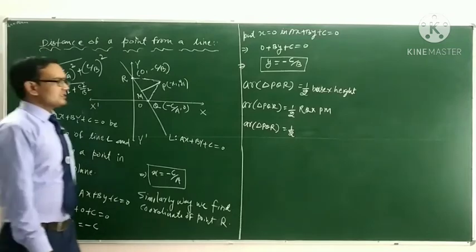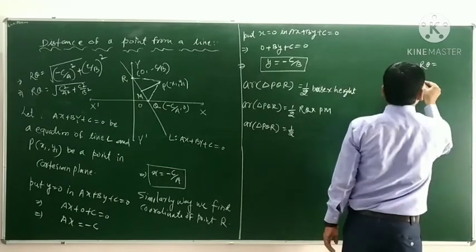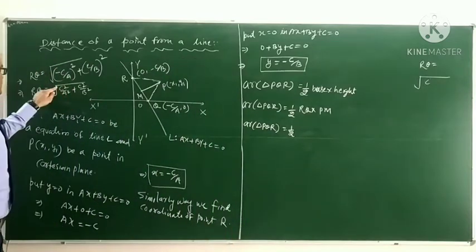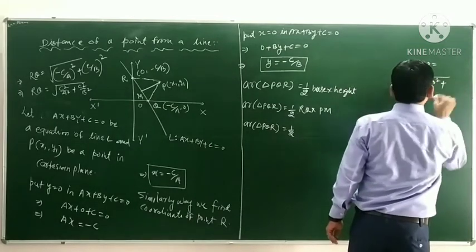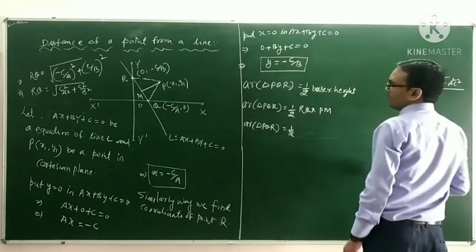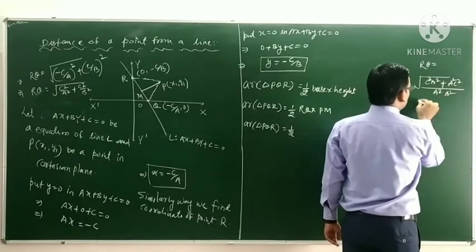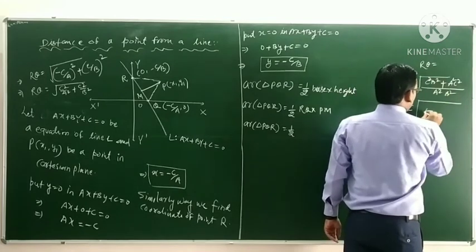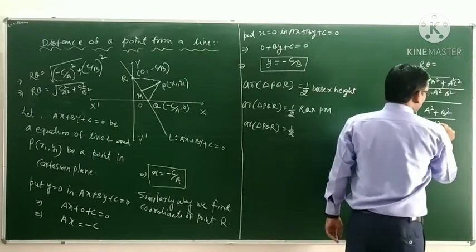Okay, students, then RQ equals square root of c square b square plus a square c square upon a square b square. This implies RQ equal to, here we take common c, square root of a square plus b square upon a square b square.